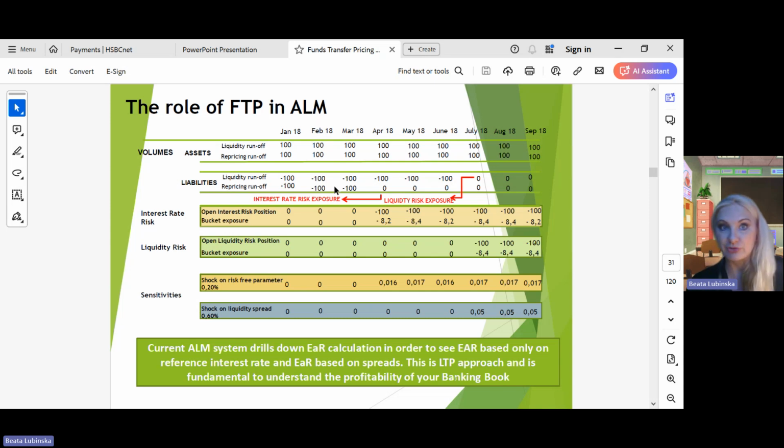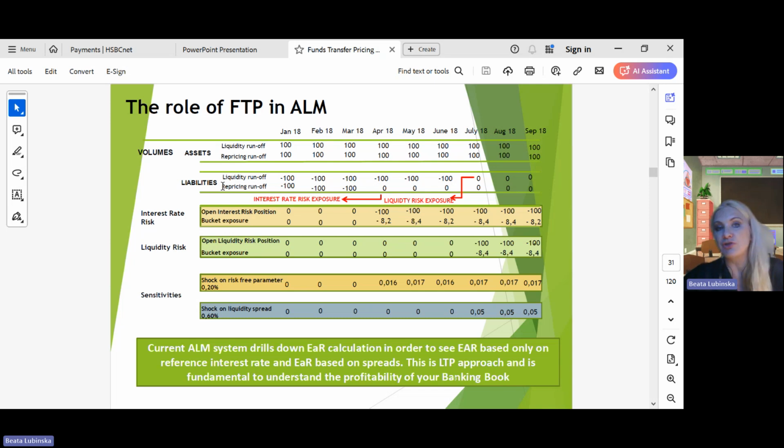And this is why we are showing here that we don't know what will happen with this position. Basically, we are talking about runoff. We are not talking about the constant balance sheet or balance sheet with growth. We are talking about runoff, which means we are showing this one particular position, and this is how you can interrogate the ILM system to provide you the view of the balance sheet. The view could be constant, when you know the position which is maturing or repricing will be replaced by an item with exactly the same characteristics, and this is what constant balance sheet means.